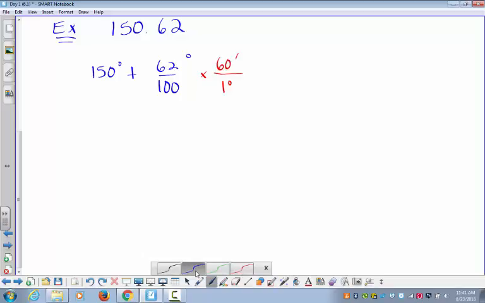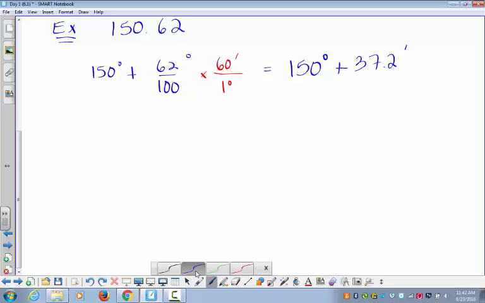We have to type that into our calculator, remembering that those are not like terms anymore. The first one is 150 degrees. The second one is minutes. So we'll do 62 times 6 divided by 10. 37.2 minutes.